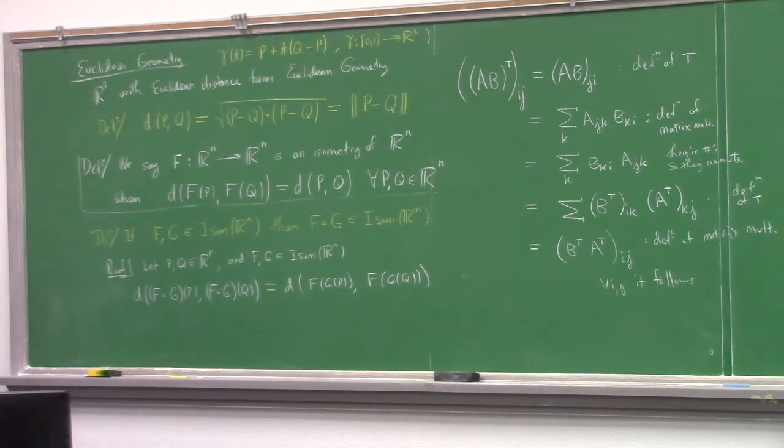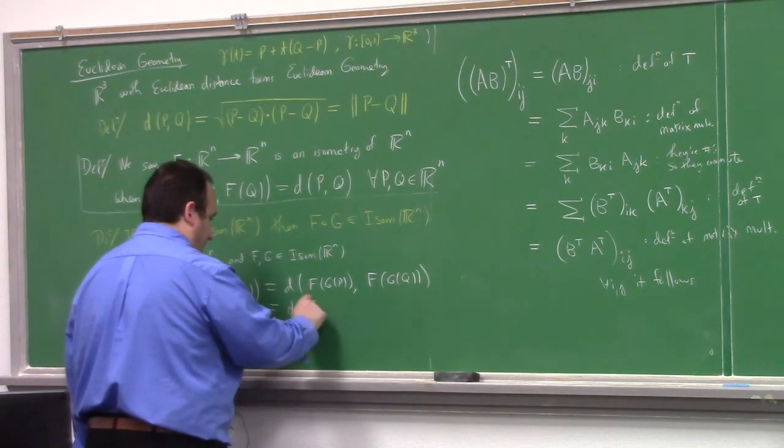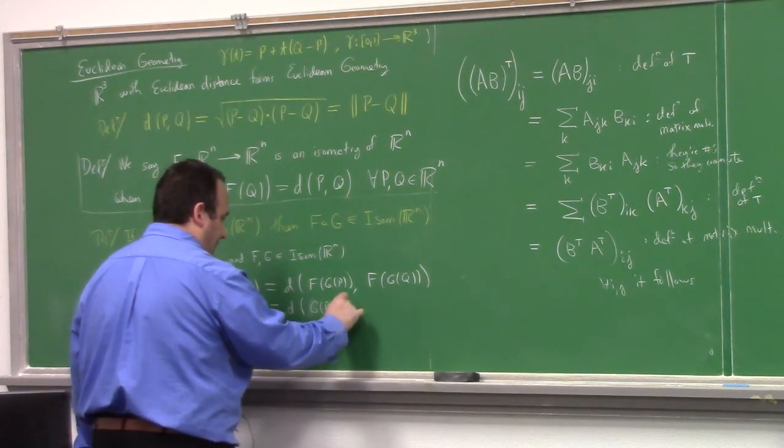But check it out. Since f is an isometry, and g of P and g of Q are points, I can rewrite this as the distance from g of P to g of Q.